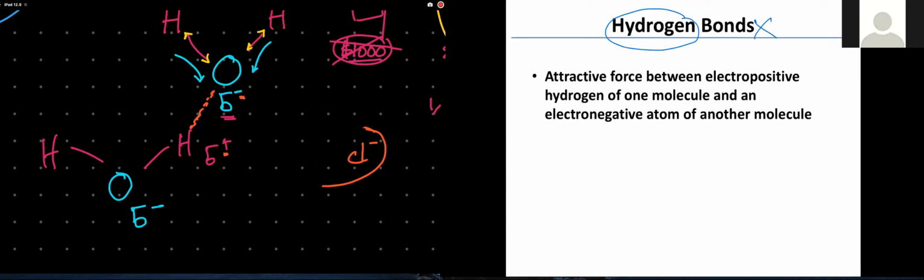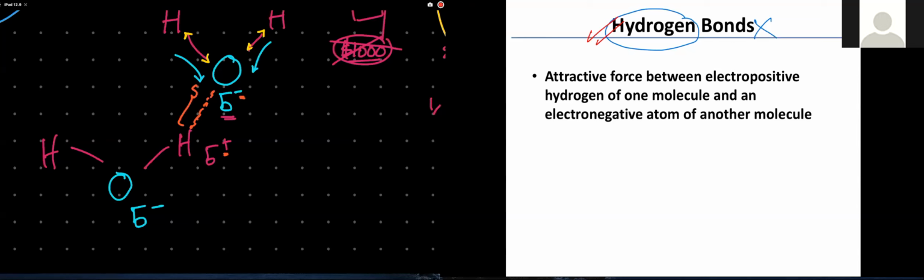What do we call this bond in which we have attraction between the hydrogen and the oxygen from another water molecule? It's what we call the hydrogen bond. So where is the hydrogen bond here? It's the attraction between those water particles.